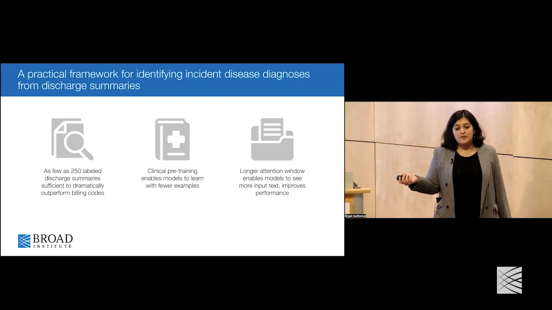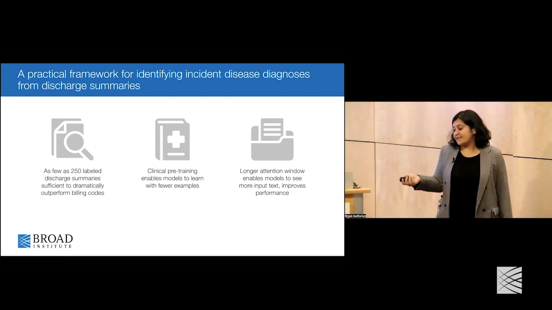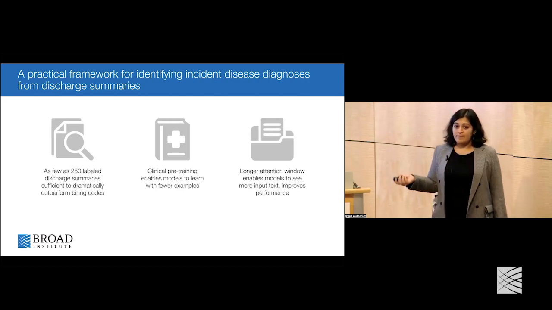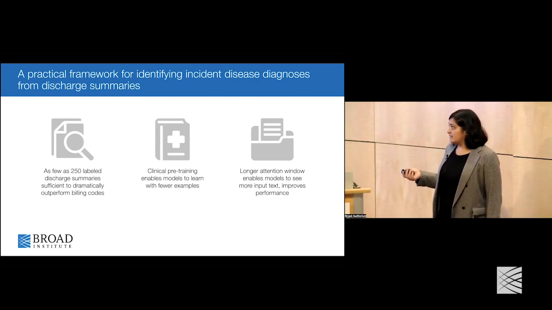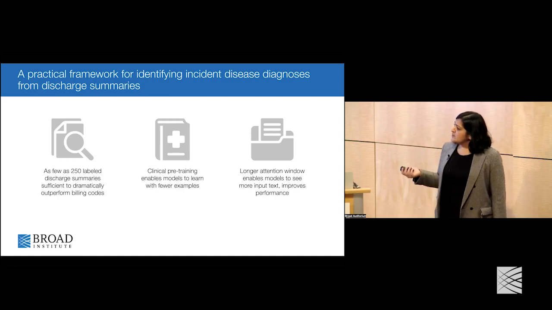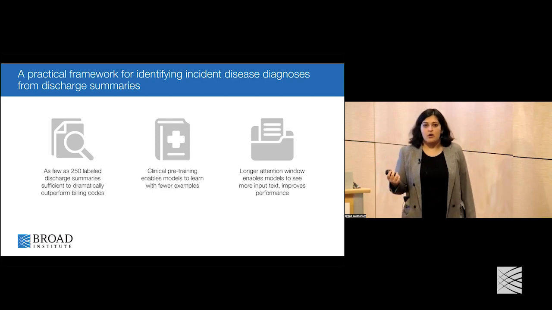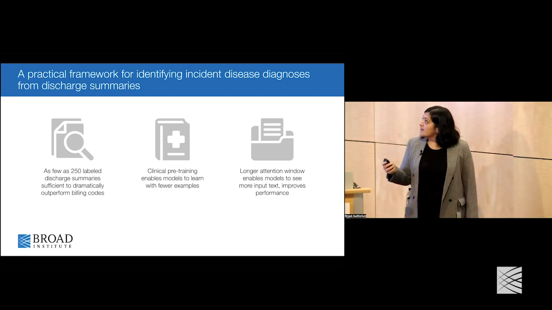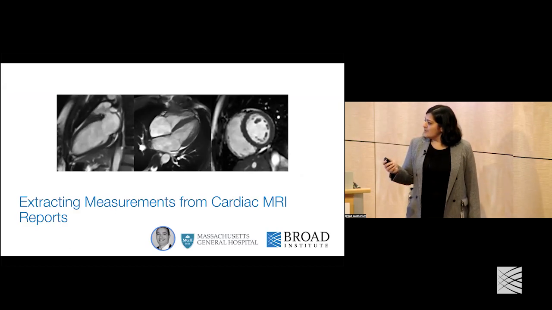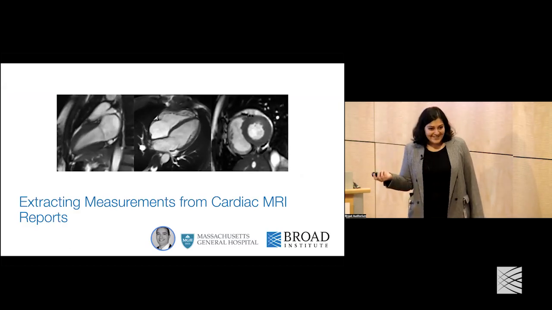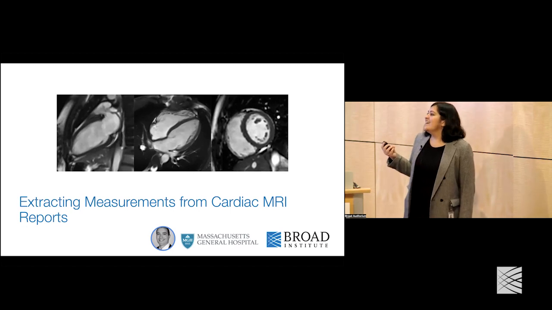As few as 250 labeled reports is sufficient to get excellent performance, which is great for maximizing the impact of clinical time. Pre-training enables models to learn with fewer examples, and the longer attention window also makes a big impact on downstream ability.